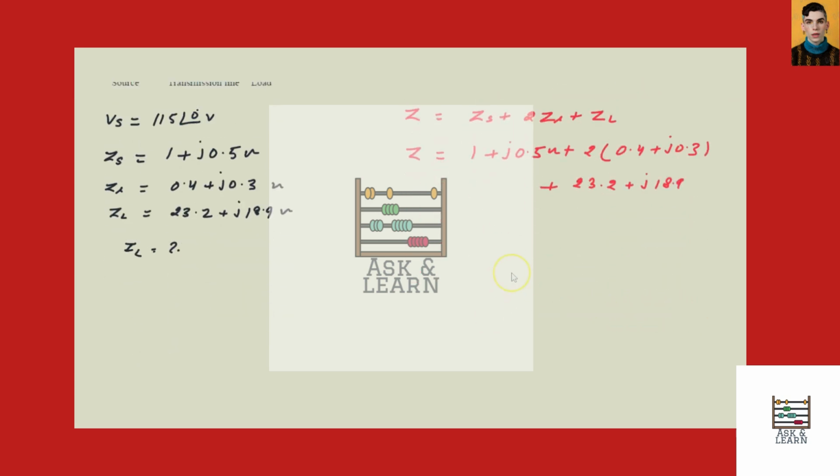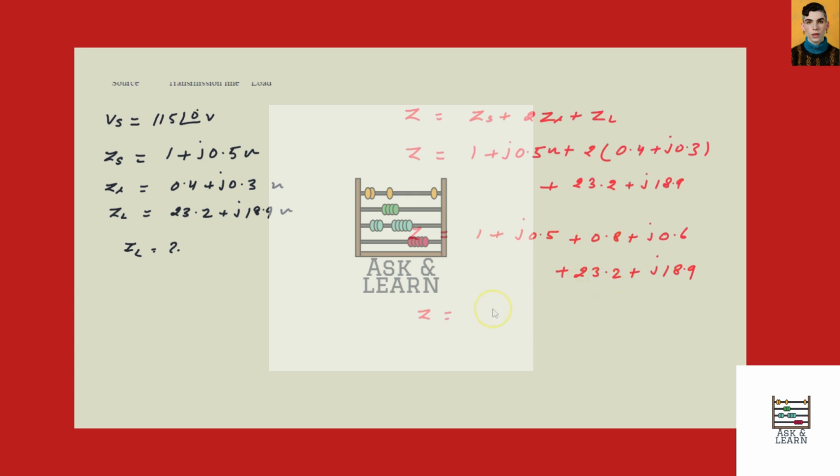So the total impedance Z equals 1 plus j0.5, plus 0.8 plus j0.6, plus 23.2 plus j18.9. Now the total impedance Z equals the sum of the real values, 1 plus 0.8 plus 23.2.